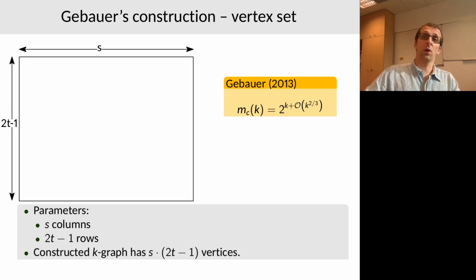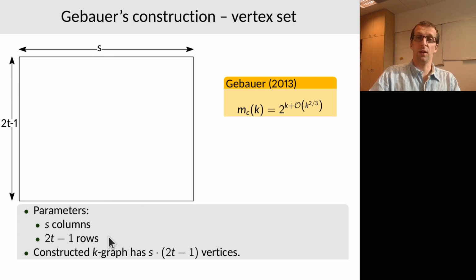So we take a quick look at the Gebauer construction, and we start with putting some auxiliary structure on the vertex set. It is convenient to organize the vertices of the constructed hypergraph into a rectangular array. The number of columns is s, and the starting number of rows is 2t minus 1.